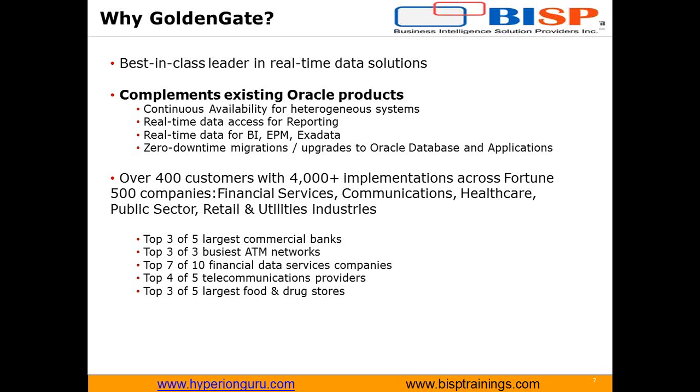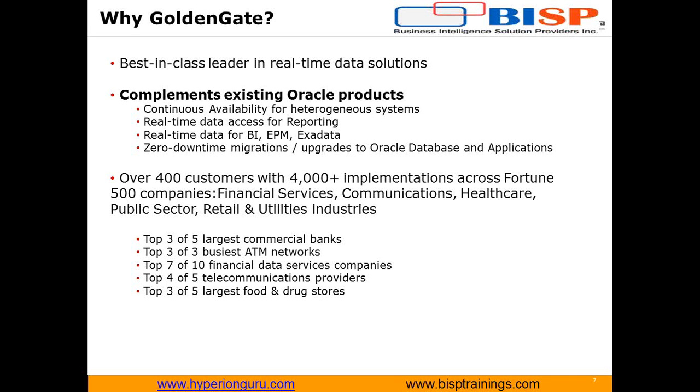So if your database is 10G and you want to migrate or upgrade it to 11G, Goldengate provides you the option of migrating it with almost zero downtime. It is not zero downtime, but it is almost zero downtime. You can say minimum downtime. So this is a very good feature. We'll discuss this point later on as well.